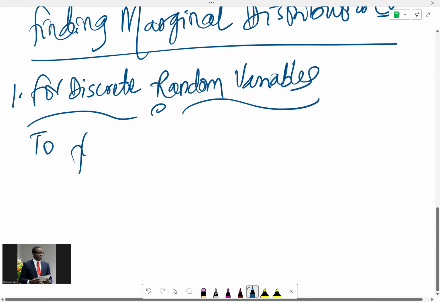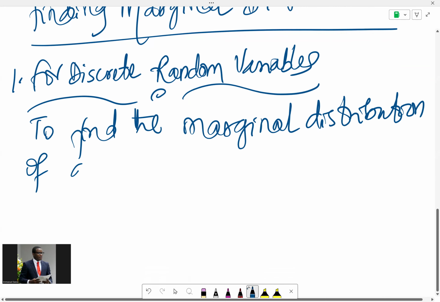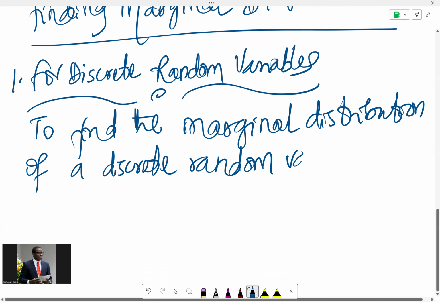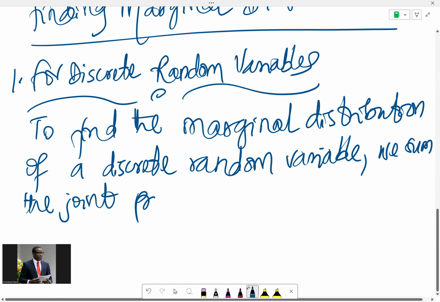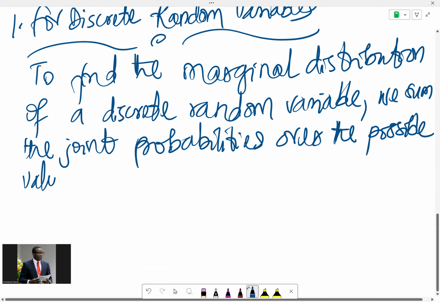So to find the marginal distribution of a discrete random variable, we sum the joint probabilities over the possible values of the other variables.